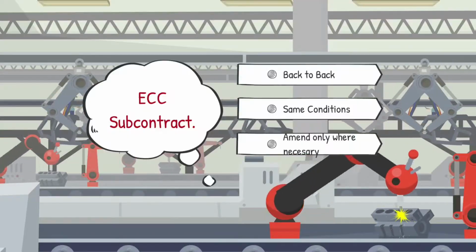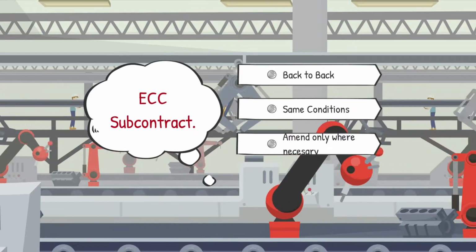And then you have the ECC subcontract. That one, it's mostly advised to say, if you're going to have a subcontractor, have a back-to-back contract, right? So that you don't have to go and redo all the conditions that are already existing. So if from the client you have the conditions that have already been outlined and agreed, you just have a back-to-back contract with the subcontractor.